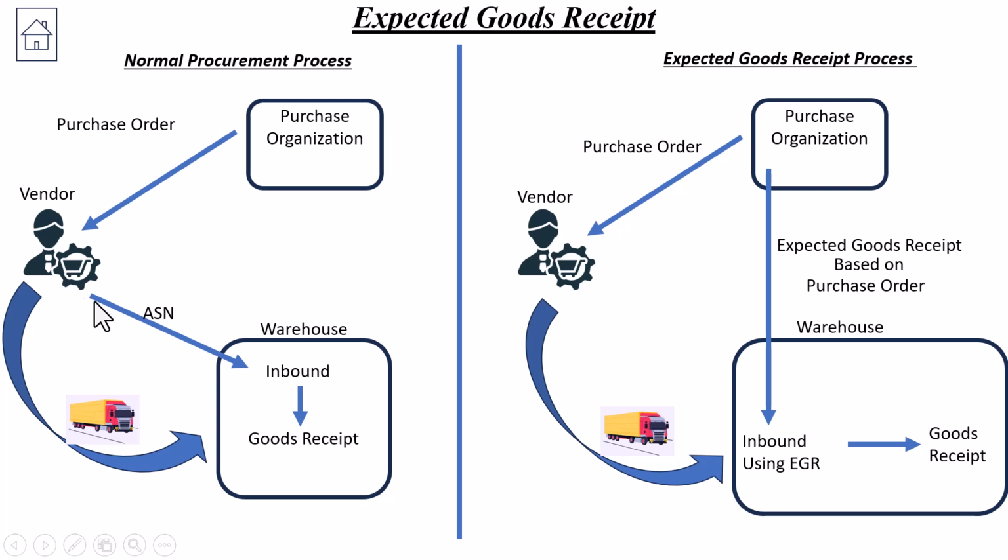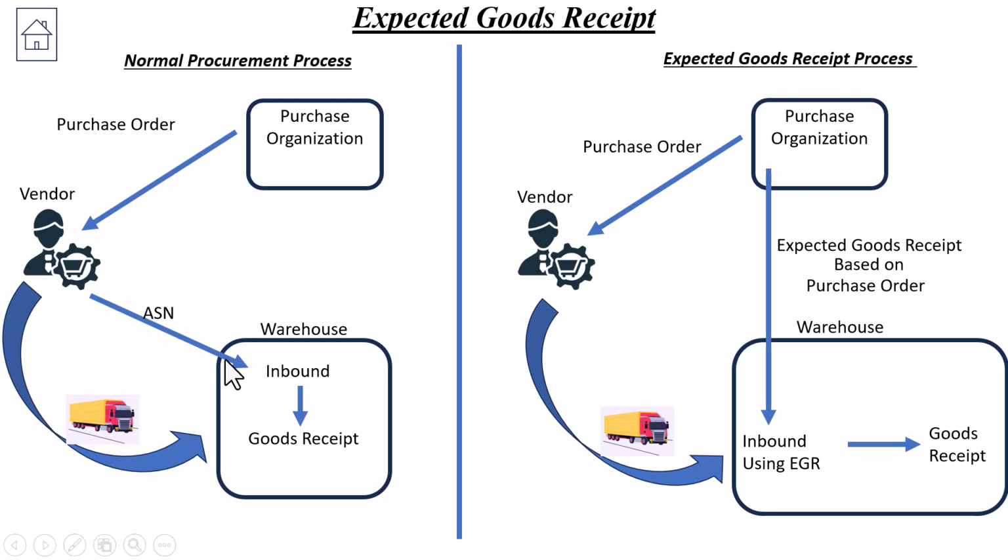With this advance shipping notification, one inbound delivery gets created in the system. With reference to this inbound delivery, when we receive the goods, we can post the goods receipt. That is what the normal process is.